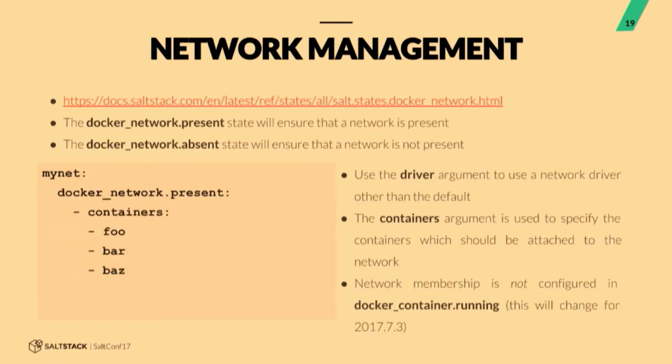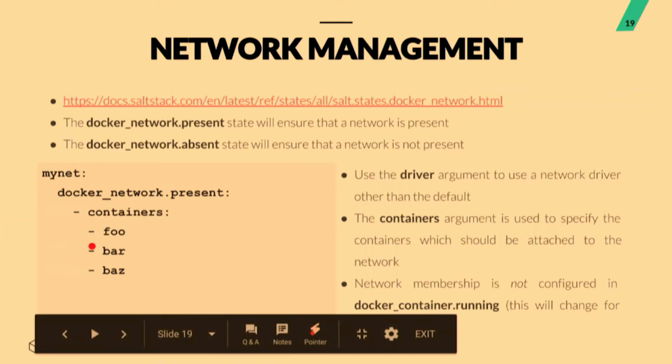For network management, this is a state that is getting a lot of upgrades for the upcoming feature release. As of right now, you can only pass the driver and driver options, and then you tell Salt which containers belong to the network via an argument called containers.